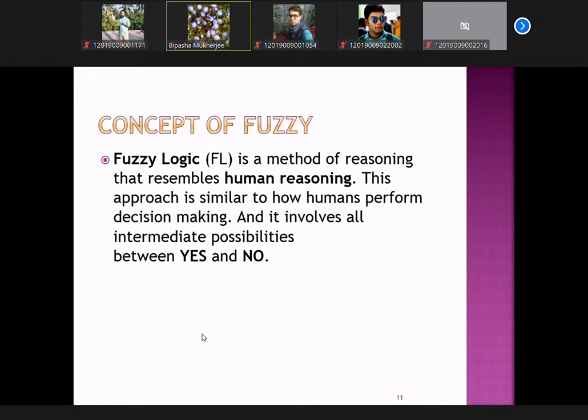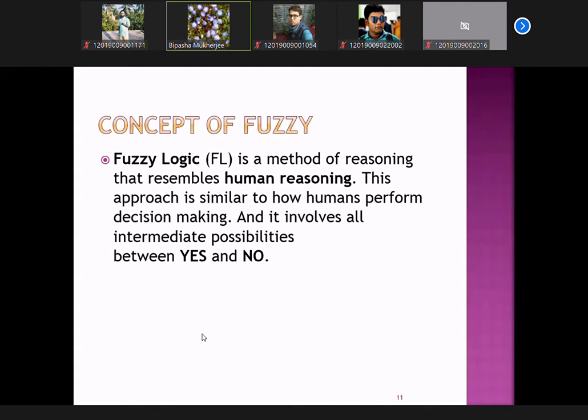No one is wrong. For you, it's comfortable. For the second person, it's too cold. For the third person, it's not cold. It's okay, maybe. That's called fuzzy.